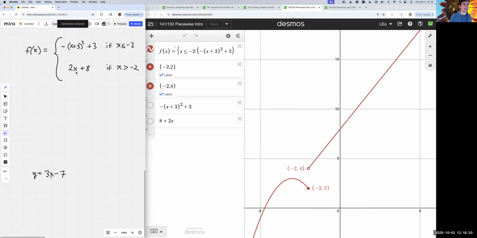A piecewise function is the same thing. It's a set of instructions. It just has a very special kind of instruction in the beginning, which is look at the input and categorize it. And so we have two different categories, less than or equal to negative 2 and greater than negative 2. Depending on what category it is, it falls into different instructions.